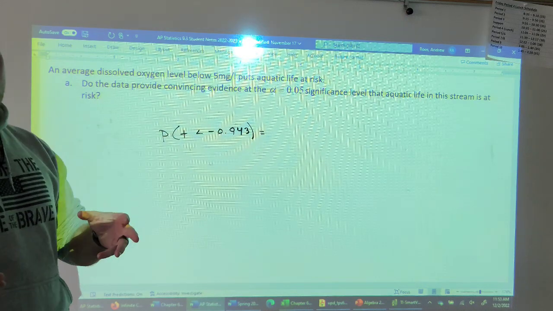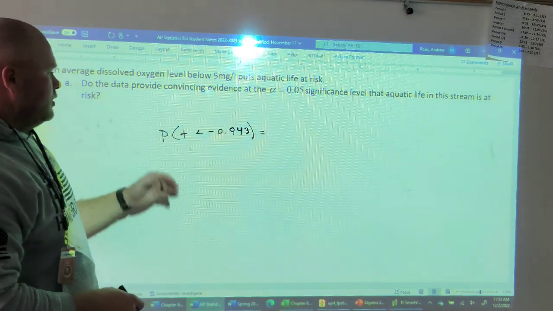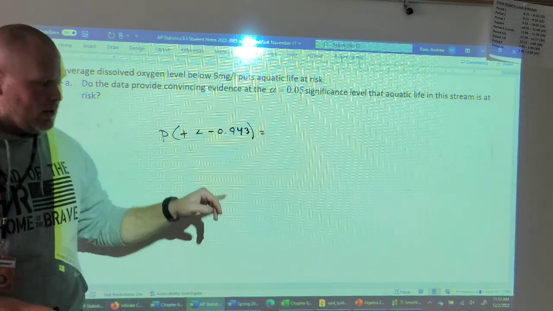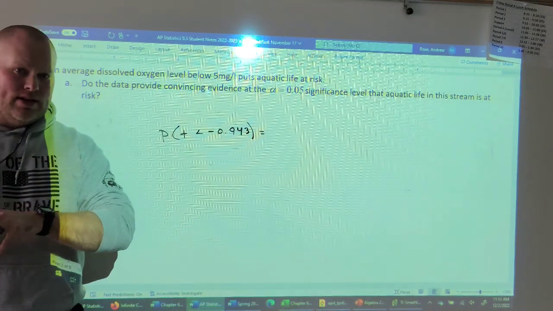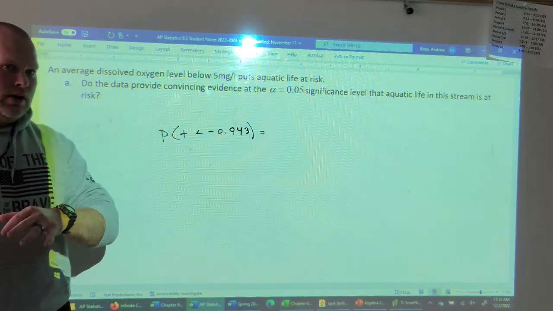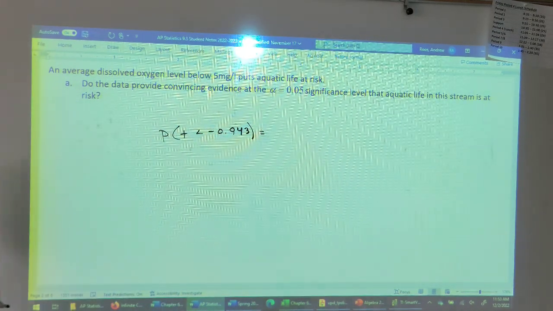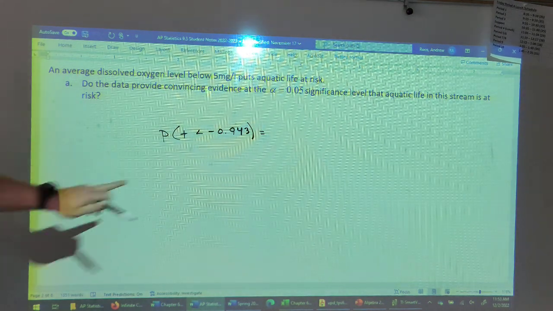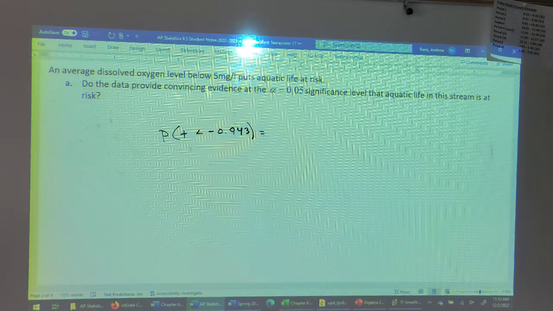And that's not enough information to run a full t-test. So if you have to find probability from a t-distribution, since it's not z, we're not going to use a normal distribution, we could use a t-distribution.